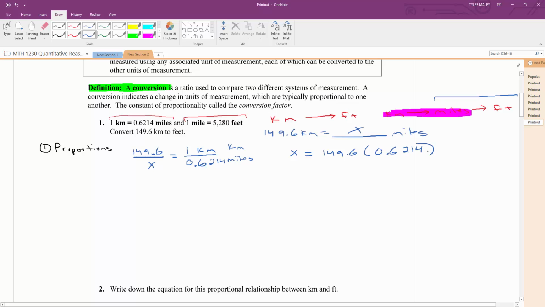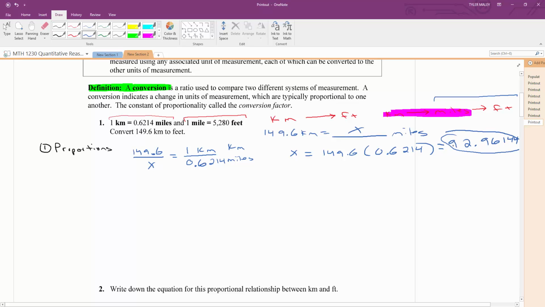If you plug that in your calculator, 149.6 times 0.6214, I get 92.96144.